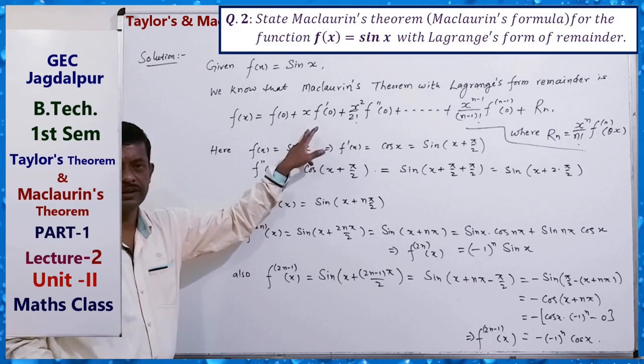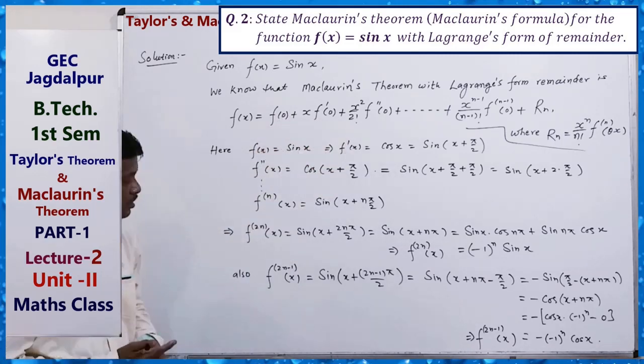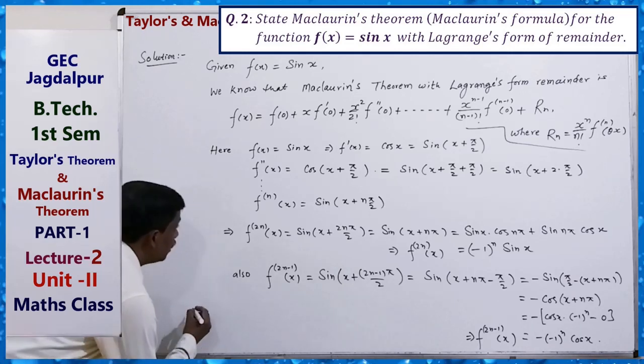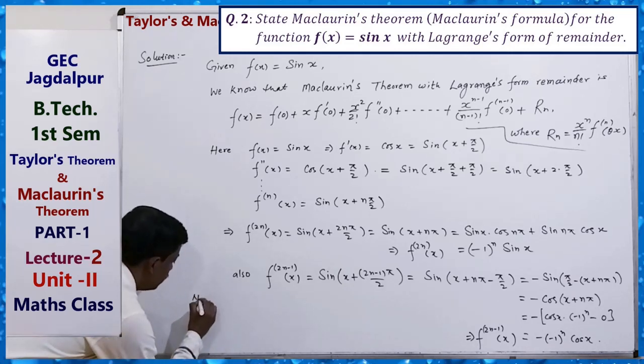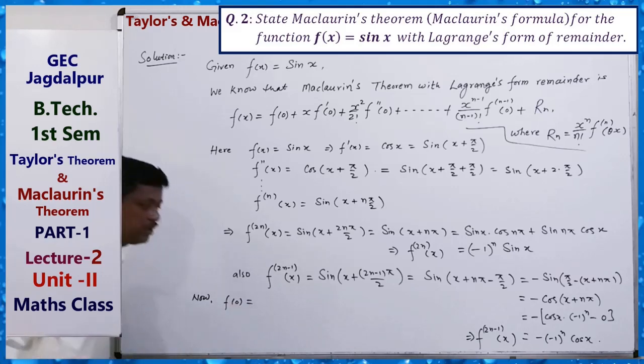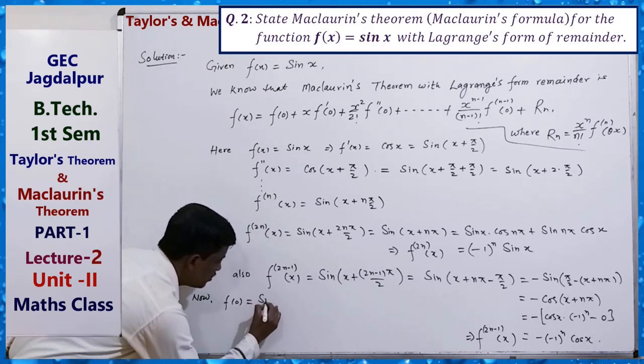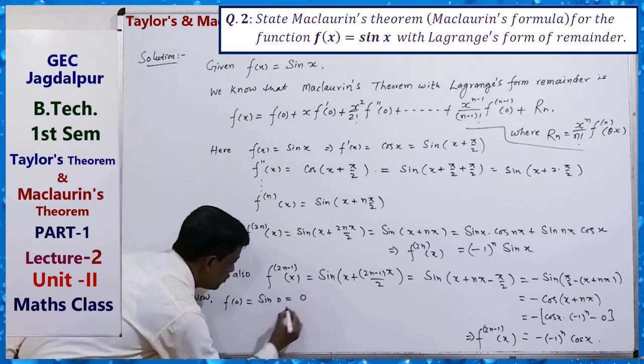So just find f 0, f dash 0, f double dash 0, f triple dash 0 and so on. Now, f 0 is equal to what? f x equals sin x, so sin 0 equals 0.